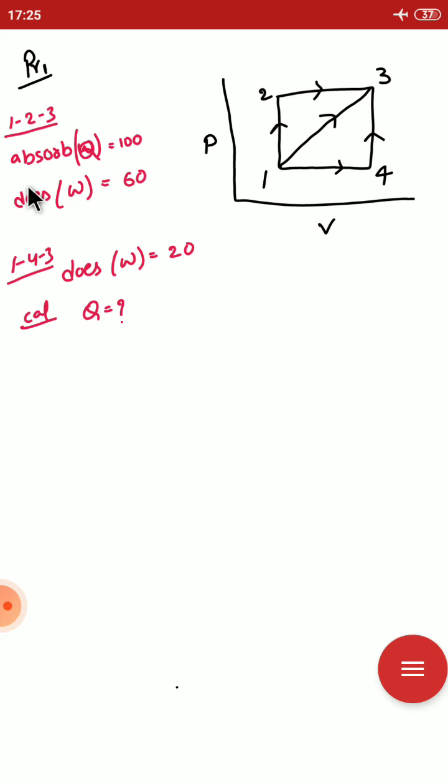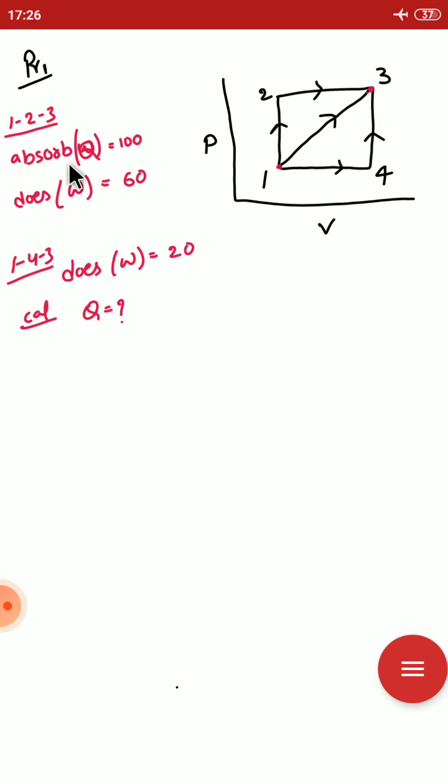The problem: there is a cycle 1 2 3. If the system changes from state 1 to 3 through 1 2 3, this is one path, and another path is 1 4 3, which is the other path the system undergoes.